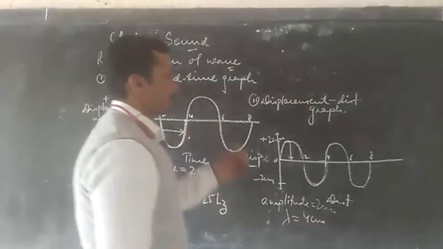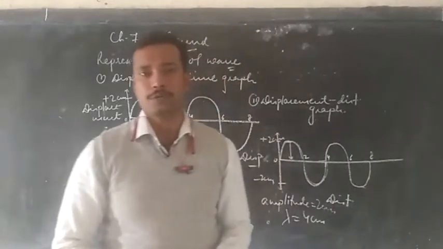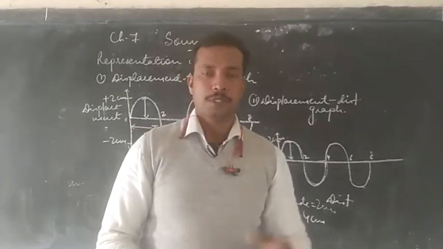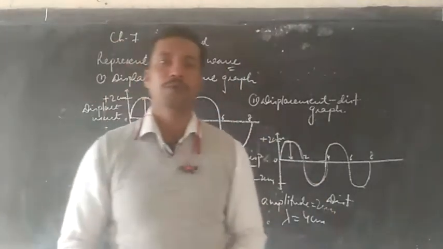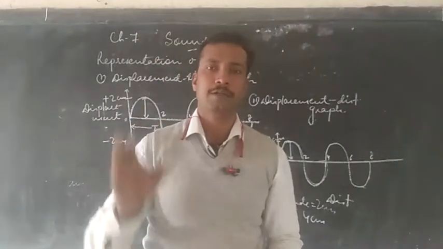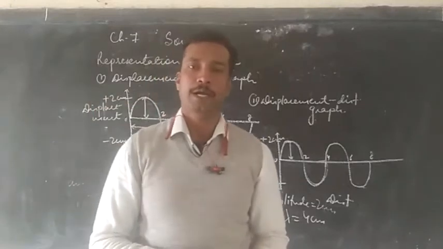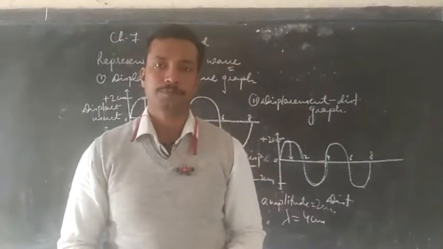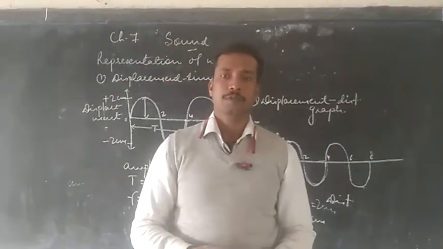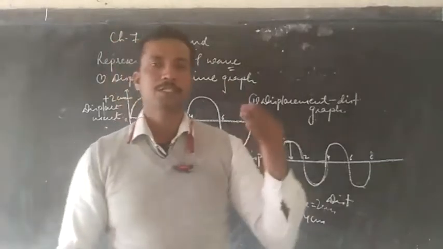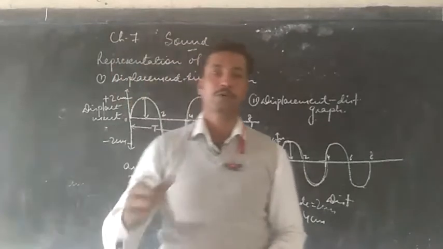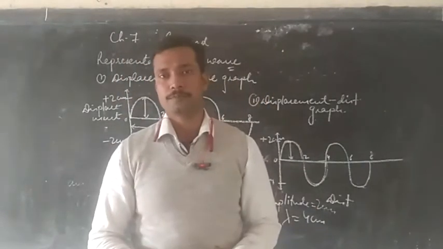Next we have to discuss the characteristics of sound. You know that every sound, no matter what the source of the sound is, will have three important characteristics: the loudness, frequency and the quality of the sound. To know the nature of the sound, these three characteristics are important, and sometimes it is very helpful to recognize the sound also.